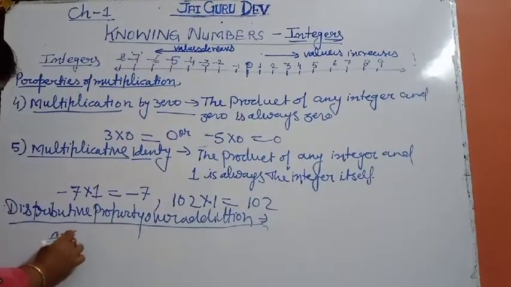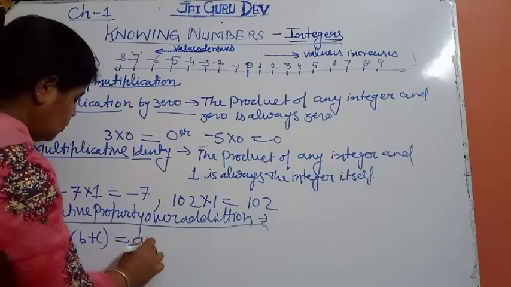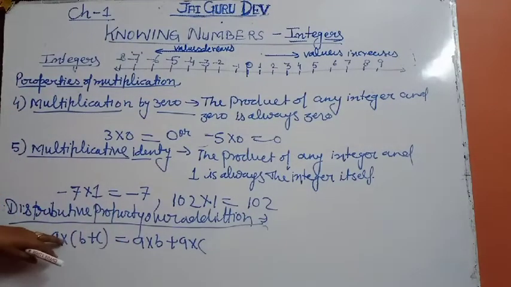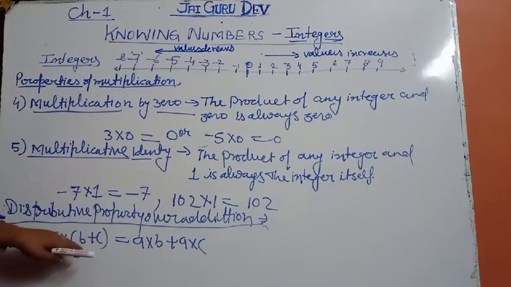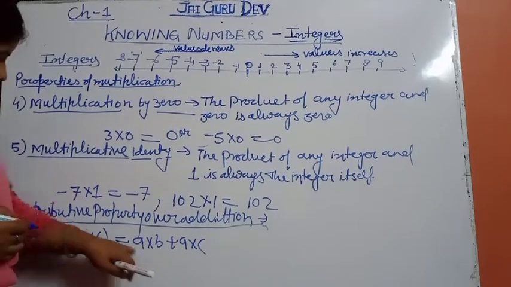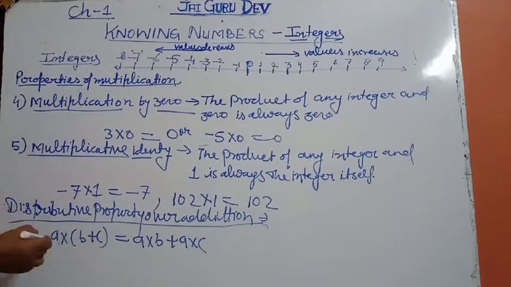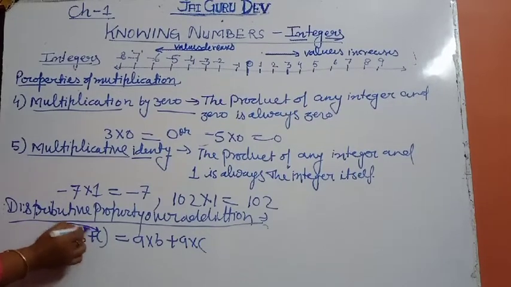A into B plus C is always equal to A into B plus A into C. If A is multiplied by B plus C, where A, B, C are 3 integers, then what result will come? A into B, and in between plus, and then A into C. Firstly this will multiply to this, and then in the second one this will multiply to this.